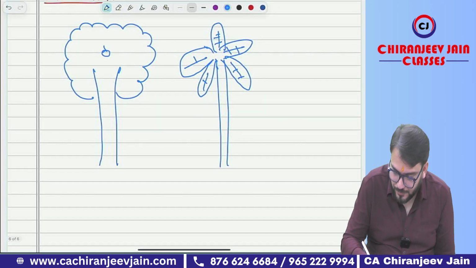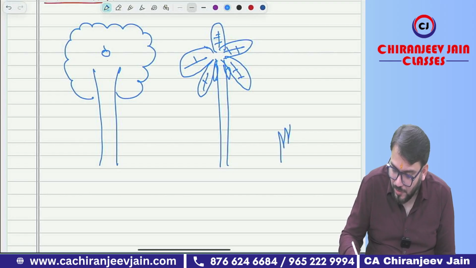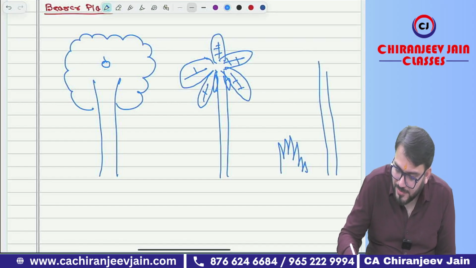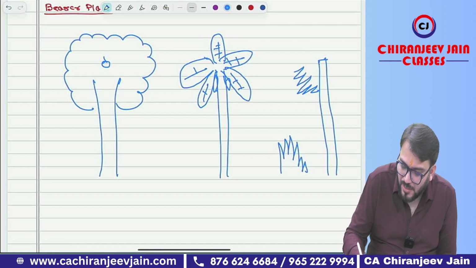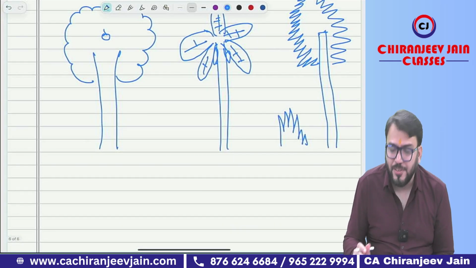This is annual crops. And you might have seen there are some plants which are for attraction, to make the environment beautiful. This is an example of a pine tree.